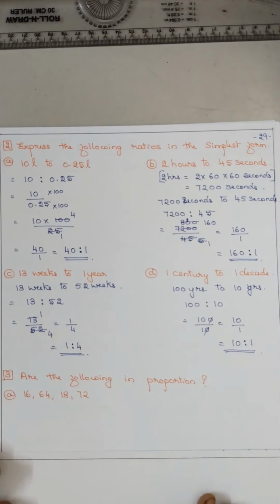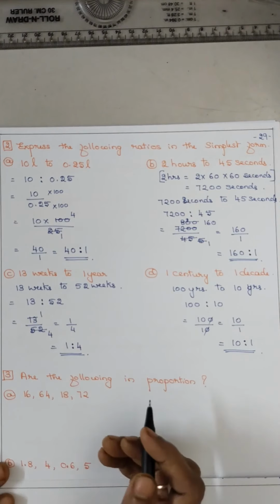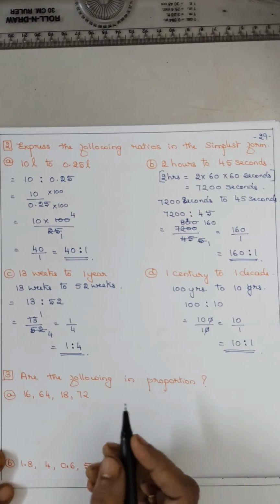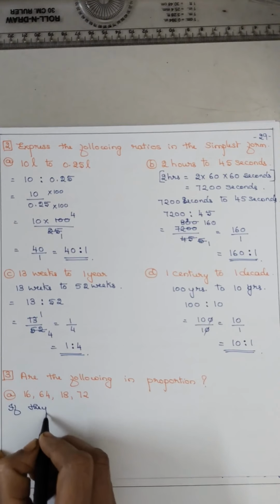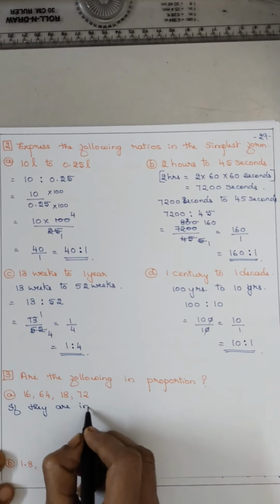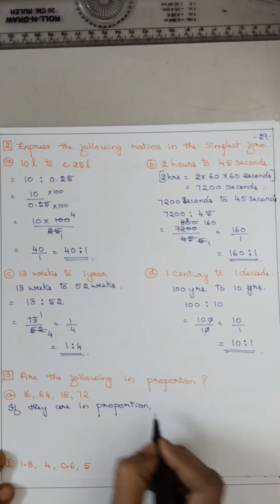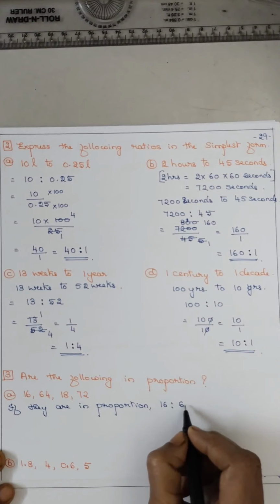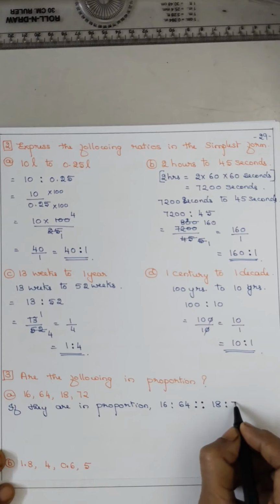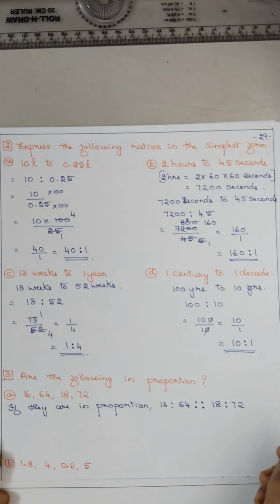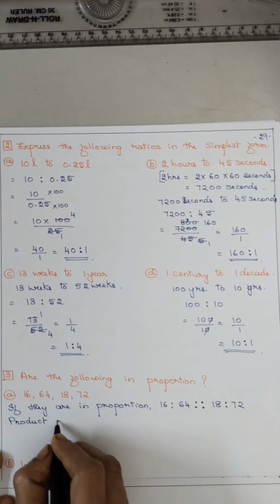Now coming to the third sum, are the following in proportion? So for the numbers to be in proportion, how do you write? 16:64 in proportion with 18:72. So you have to write product of extremes.